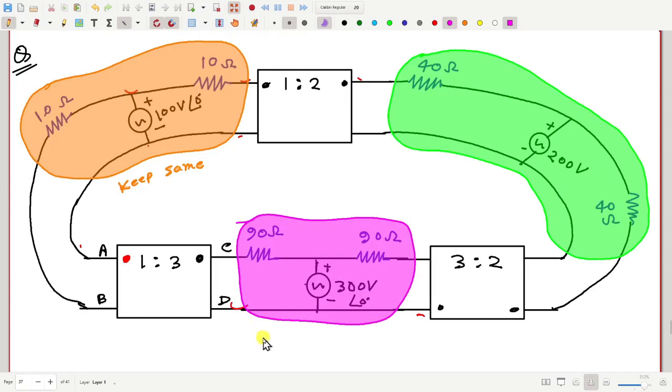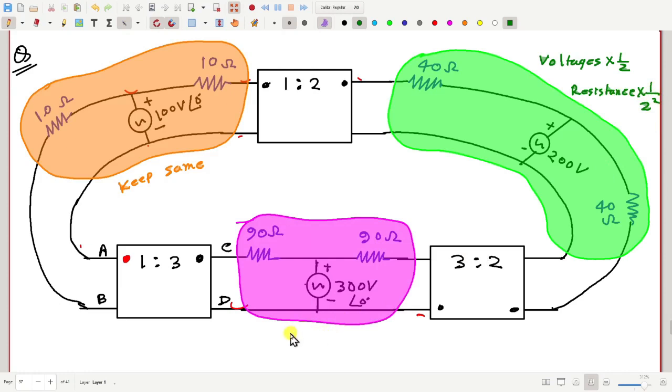Maybe one possibility is that here we multiply voltages by half and resistance by half square.